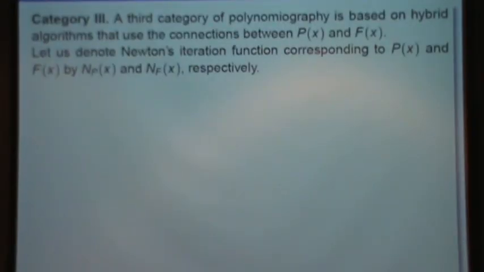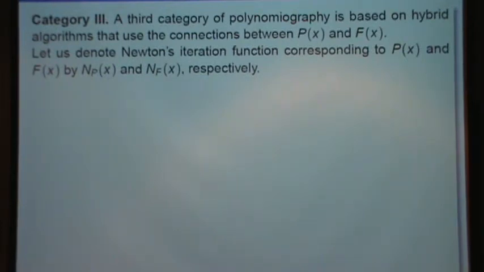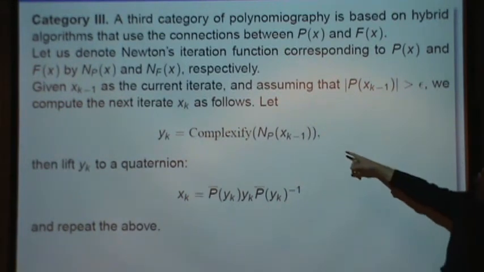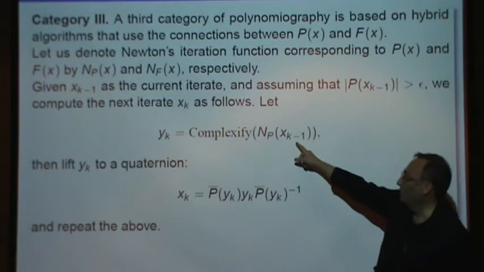The third category is using a hybrid algorithm, using the connections between P and f of x. Suppose that we define Newton iteration with respect to P of x and f of x by n sub p and n sub f. Then, given a current iteration xk, assuming this is not yet satisfying a given tolerance, we take yk to be the complexifying of the Newton iterate.